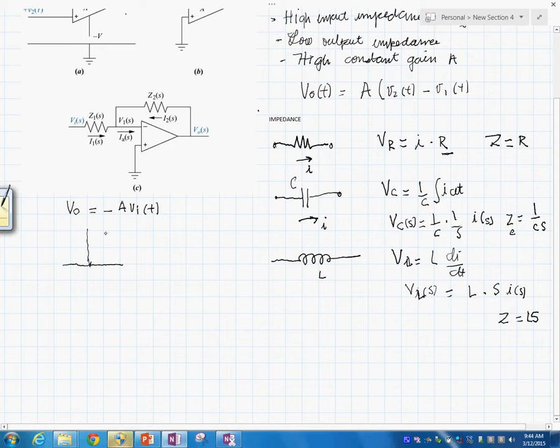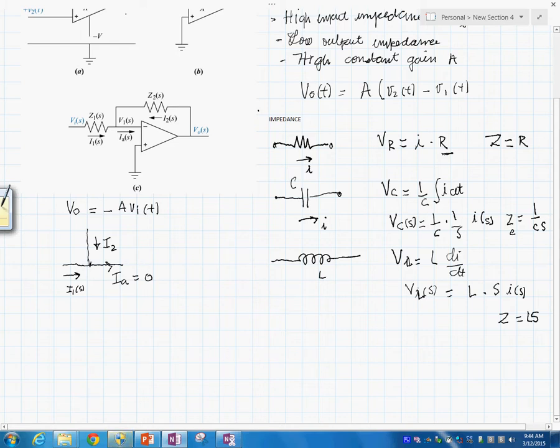Let's say you have right here I2 that comes this way, right? From here you have the other current, which would be I sub 1. And what goes in here? This would be I sub A.